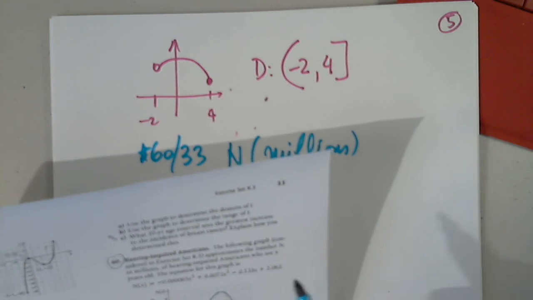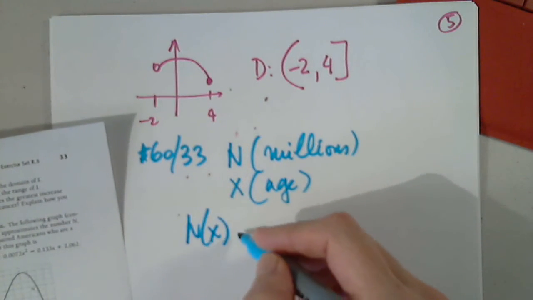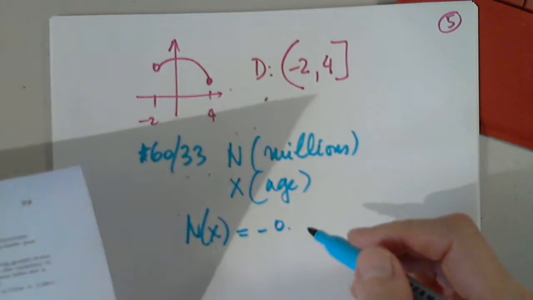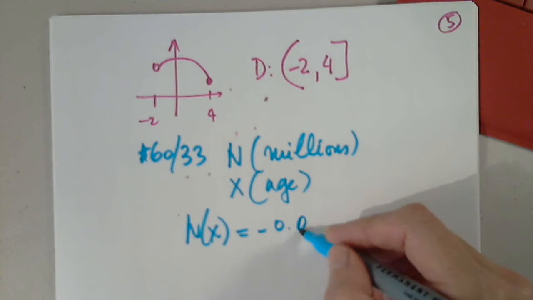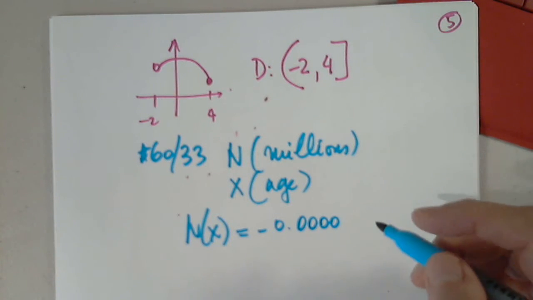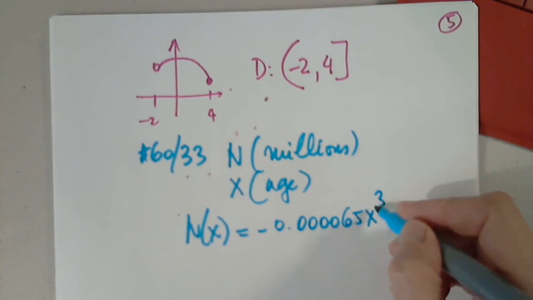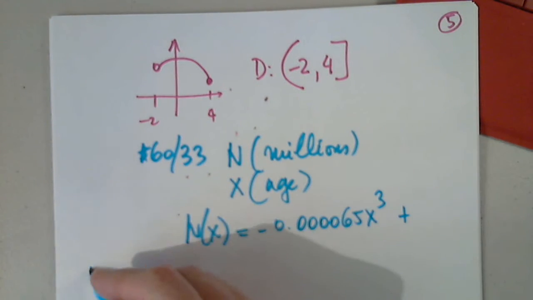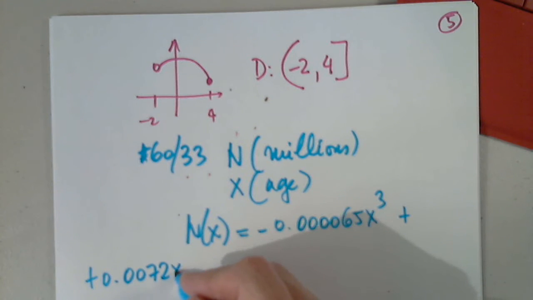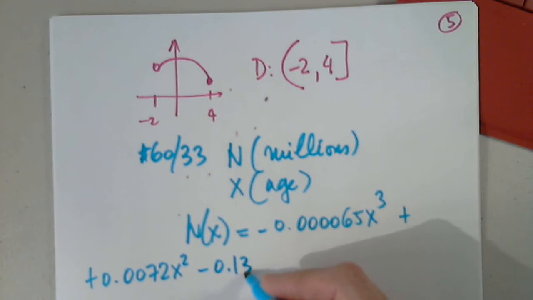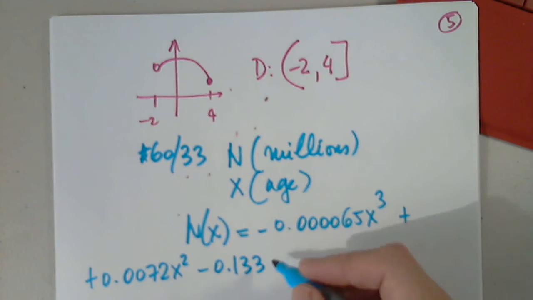The equation for the graph is, of course, n of x equals negative 0.0000 I think I see 4 zeros 65 x cubed plus 0.0072 x squared minus 0.133, I think, x.